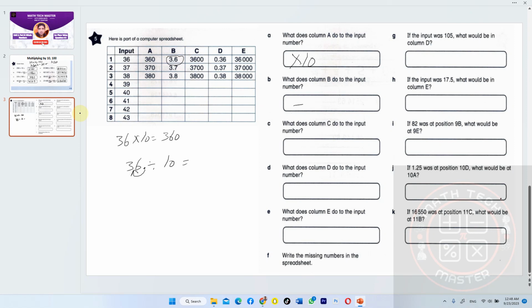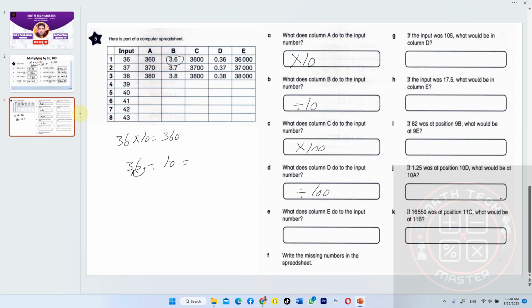So in column B we can say it is dividing the number by 10. In column C you can see there are two zeros added. So now we know the mechanism: it is multiplying by 100. In the D part, simply we can say it is dividing by 100.